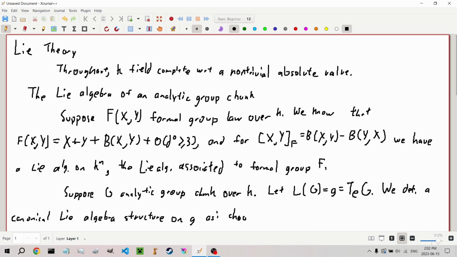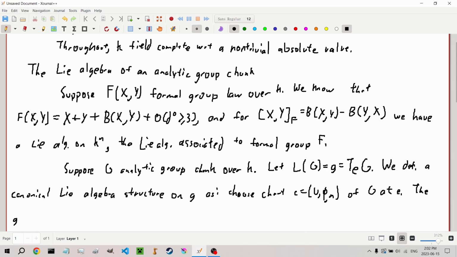I'm going to choose a chart C, being U, phi, at E. Then the group law on G is induced via phi from a formal group law F on K to the n.